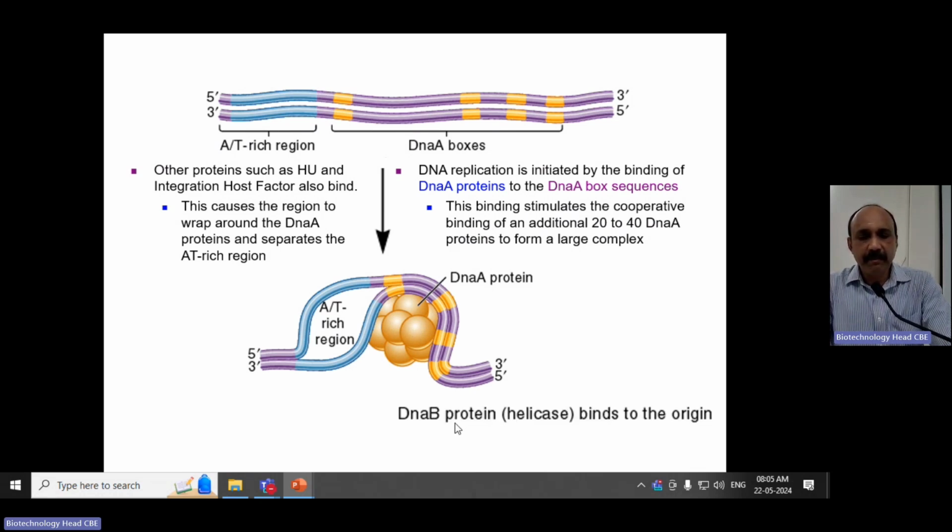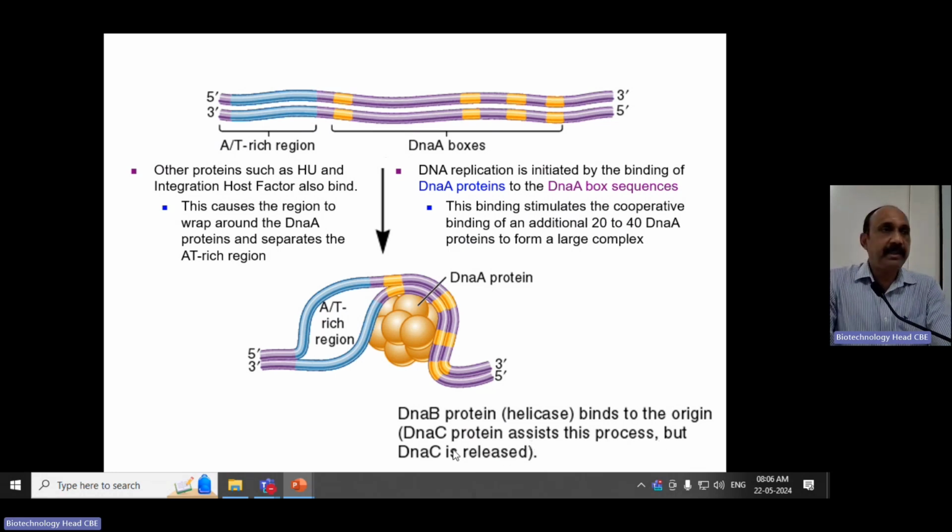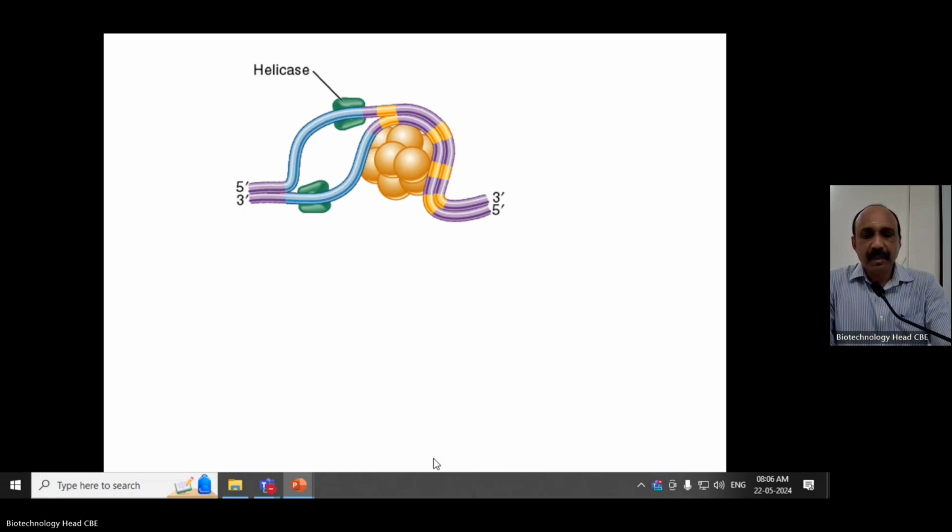So the DnaB protein is also a helicase which separates the hydrogen bonds between these two sequences, and it forms the replication fork, right? The DnaC, also another protein, assists in this process, but later on it is released.